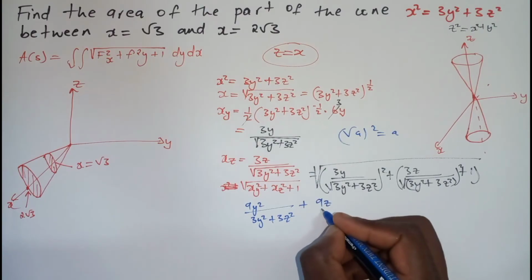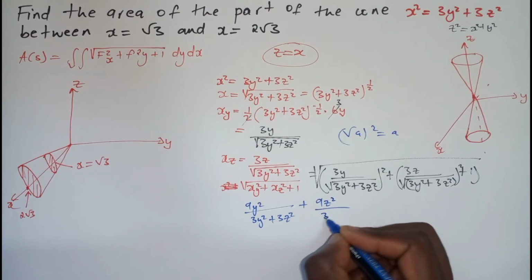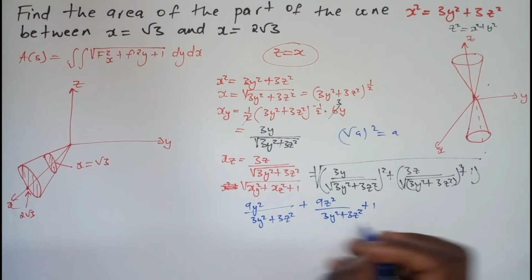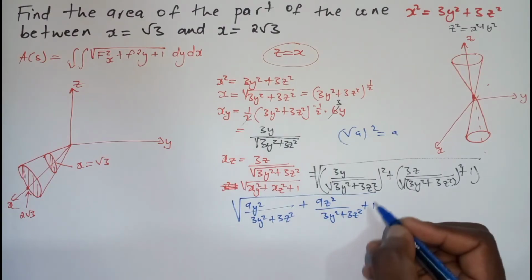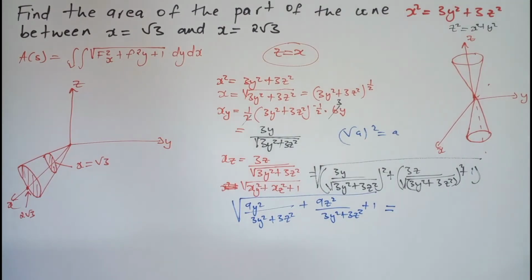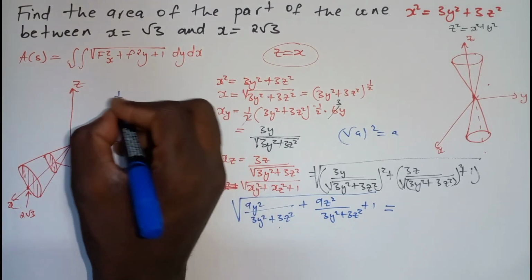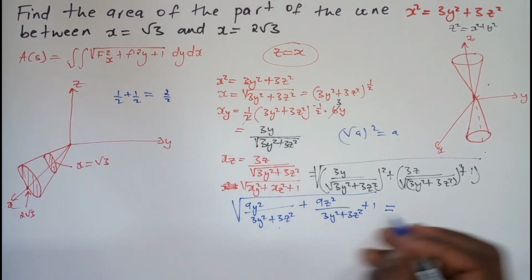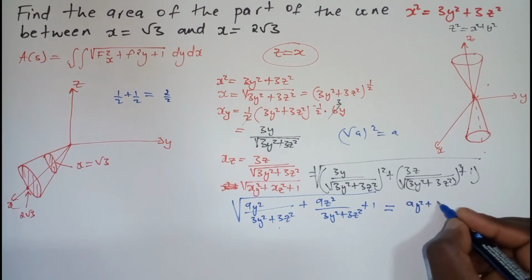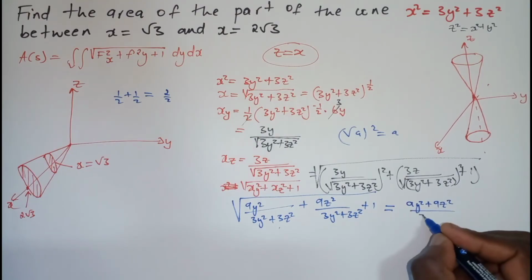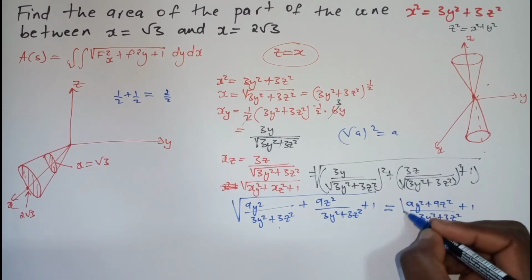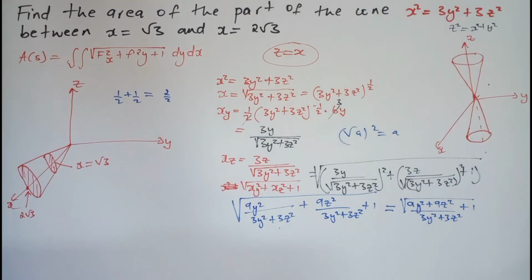It's going to be 9z squared divided by 3y squared plus 3z squared, plus 1, and still you have that square root. Okay, now what do we need to do? These have the same denominator. Remember, when you say 1/2 plus 1/2, if the denominators are the same, it's just 2 over 2. So it's going to be 9y squared plus 9z squared divided by 3y squared plus 3z squared, not forgetting the 1, and we're putting this under the square root.